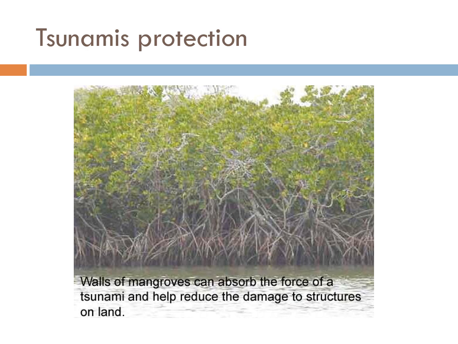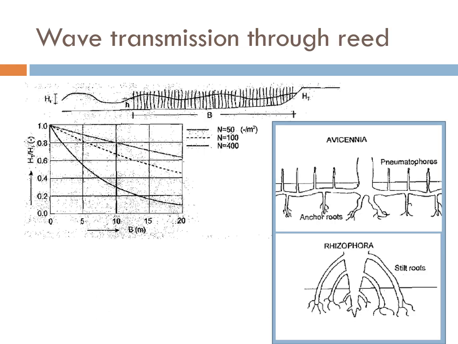However, we also found out that the natural coastal ecosystem can actually provide tsunami protection to a certain degree, such as a wall of mangrove, which is able to absorb the force of a tsunami and help reduce the damages. Now we know that the mangroves have very interesting root structure that holds on to the seabed, and laboratory tests have been carried out to look at how waves transmit through a series of reeds.